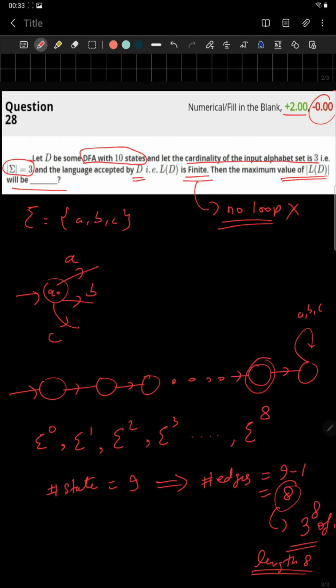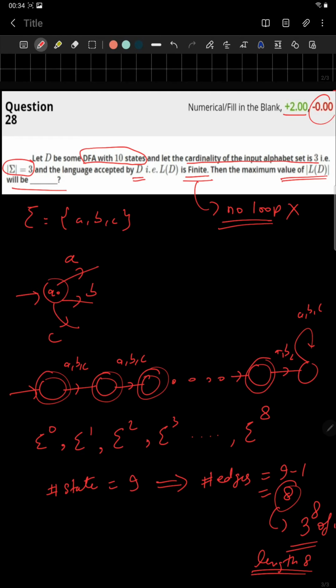Our initial state is also an accepting state. A one length string is also accepted, a two length string is also accepted. One length strings are a, b, c, and two length strings are combinations of a, b, c. Then if a, b, or c comes at the last state, it goes to the dead state, and thereafter there is no coming back.